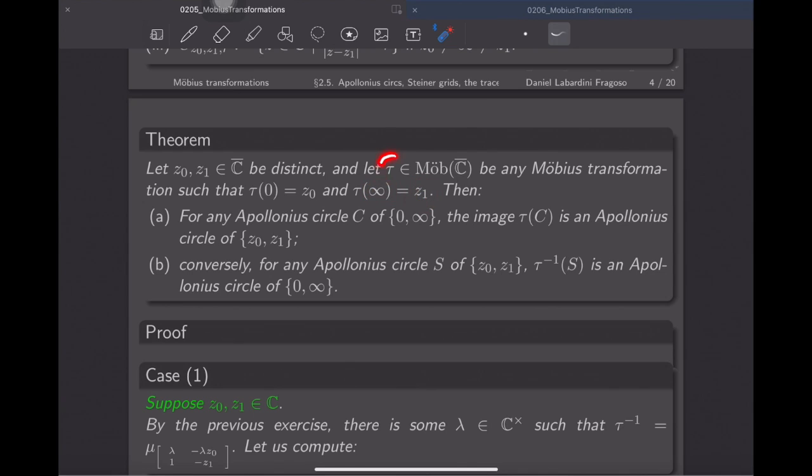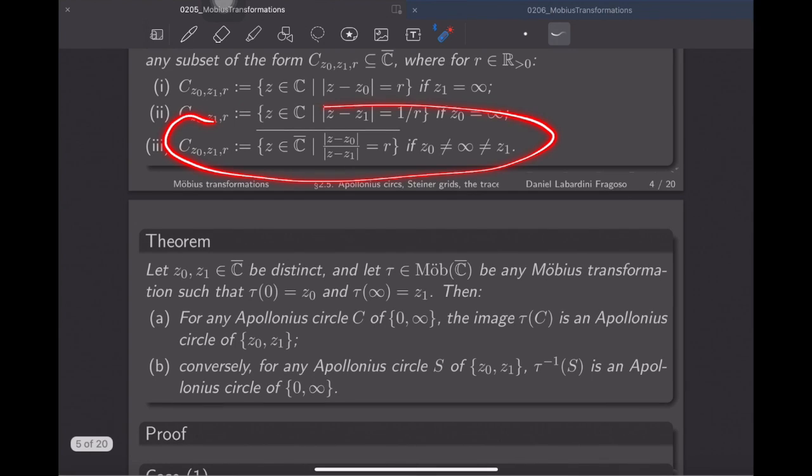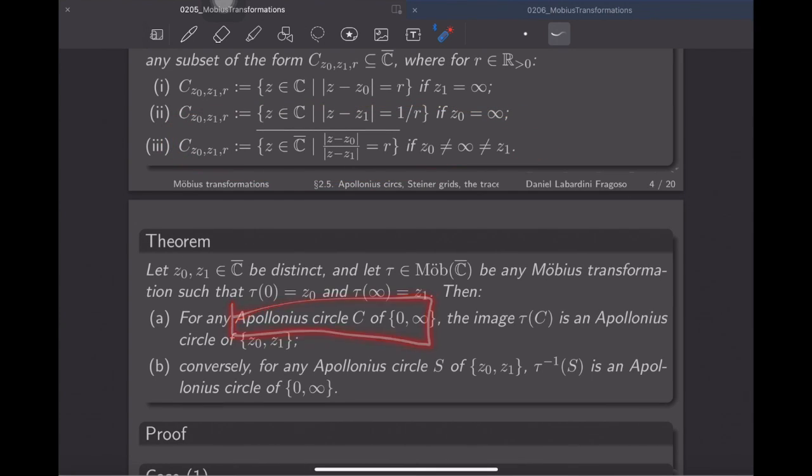And what the theorem says is that if I take an Apollonius circle of 0 and infinity, the image under tau is an Apollonius circle of my arbitrary pair of points. And this already tells me that these are circles, because at least in the case where one of the points was infinity, it was obvious that Apollonius circles were circles.